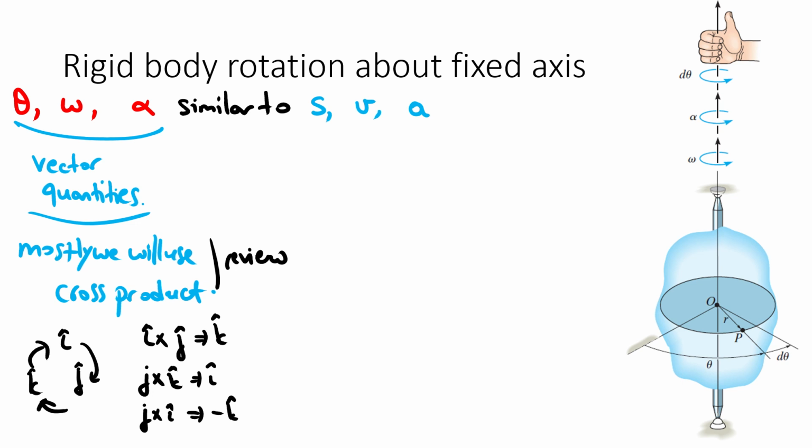And then you can see that theta is the angle. Similarly, S is the displacement and this one is the angle. The omega is the angular velocity and alpha is the angular acceleration. So let me add it here.